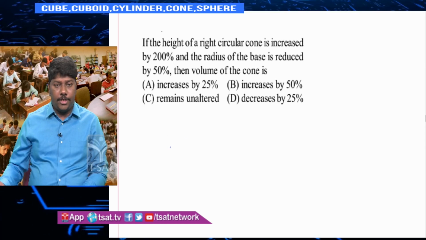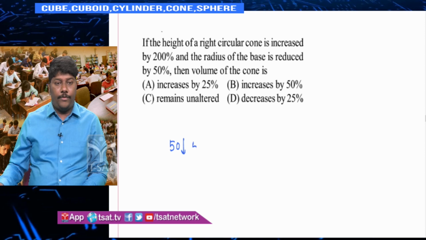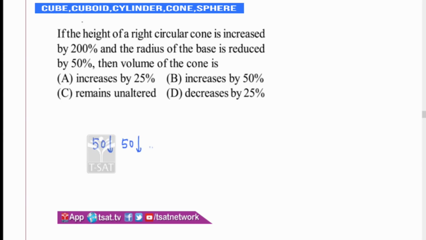So in terms of percentage, if you look at 50% decrease followed by 50% decrease followed by 200% increase. You can make use of the formulas. 50 decrease, 50 decrease, x decrease followed by x decrease is 2x minus x square by 100 is the formula. If you substitute 50 and 50 in that, 100 minus 25, 75% decrease followed by 200% increase.